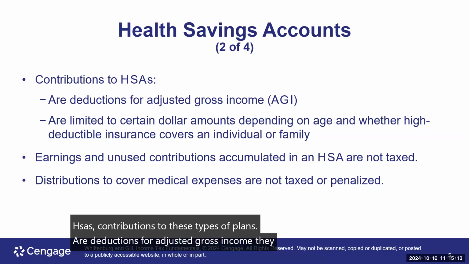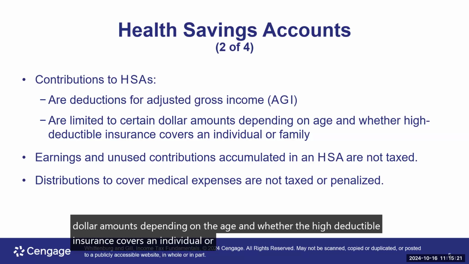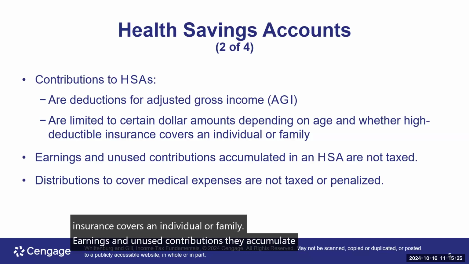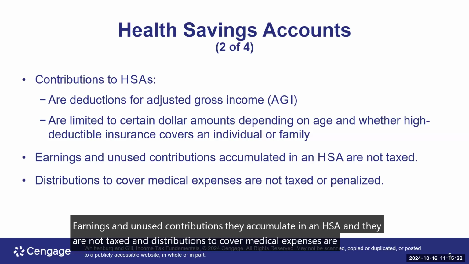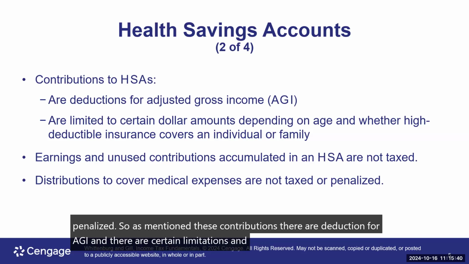They are limited to certain dollar amounts depending on the age and whether the high deductible insurance covers an individual or a family. Earnings and unused contributions accumulate in an HSA and they are not taxed. And distributions to cover medical expenses are not taxed or penalized. As mentioned, these contributions are a deduction for AGI and there are certain limitations.